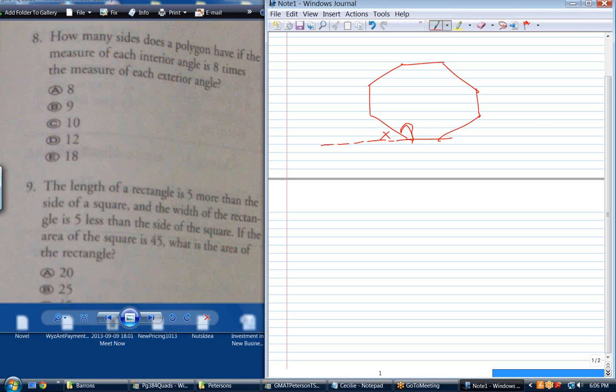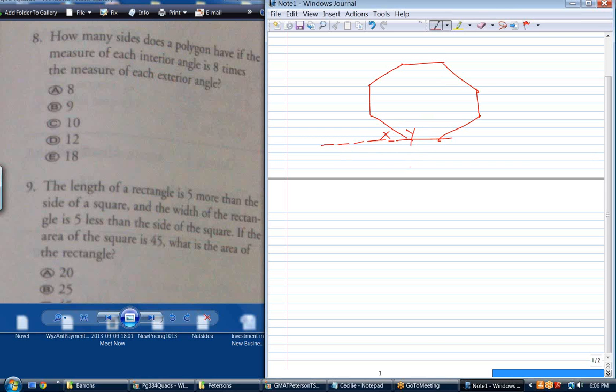There's 540. Can you use that? No, because we don't really know how many sides this thing has yet. Exactly. That's what we need to figure out. First of all, let's figure out what these angles are. We can figure out these angles because they're linear angles.